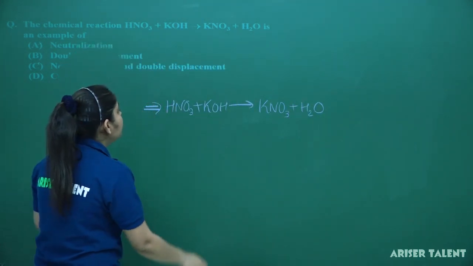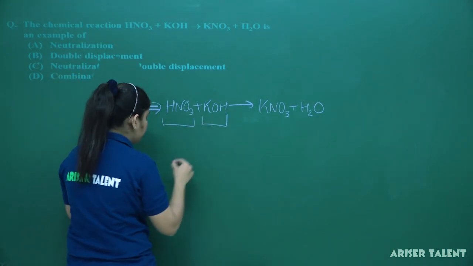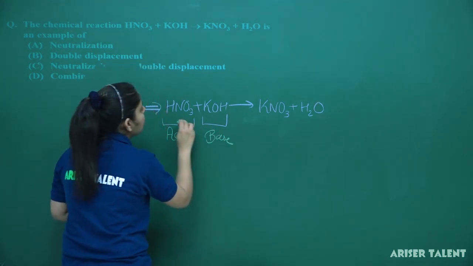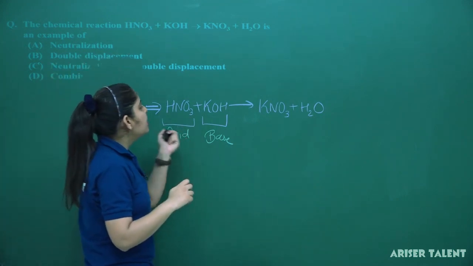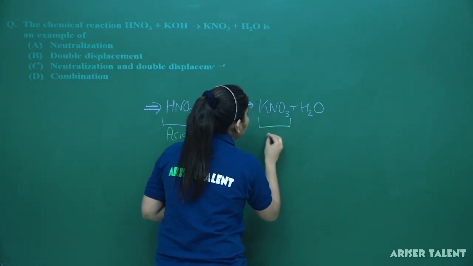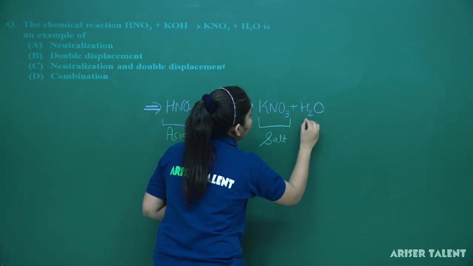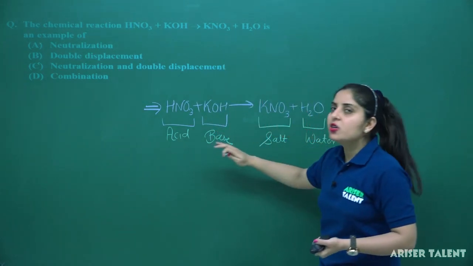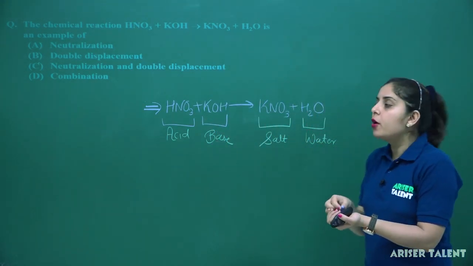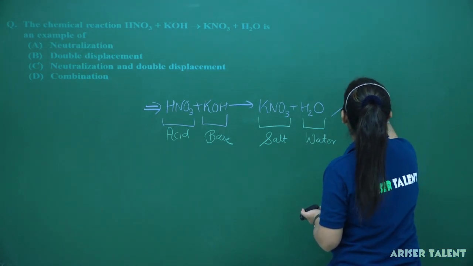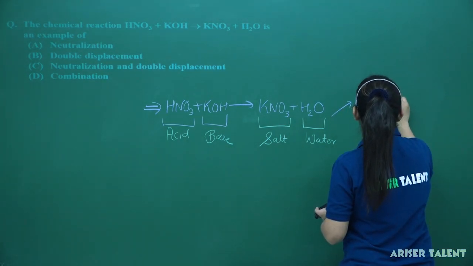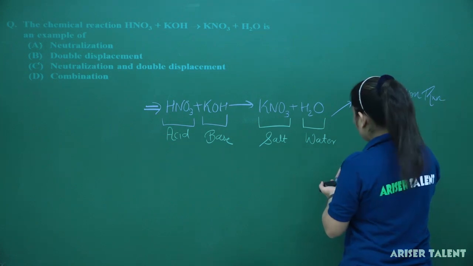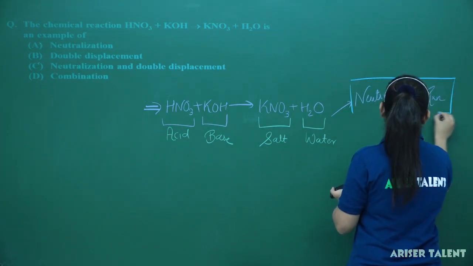Now look here, we are provided with one acid and one base. This is the acid and this is the base. HNO3 is nitric acid and OH here is a base. So what will we obtain here? We will obtain salt and water. So the reactions in which an acid reacts with a base to give salt and water are considered neutralization reactions. So the first category will be the neutralization reaction.